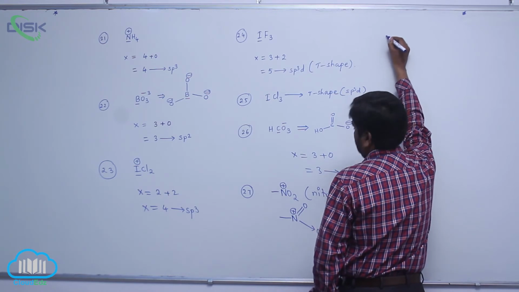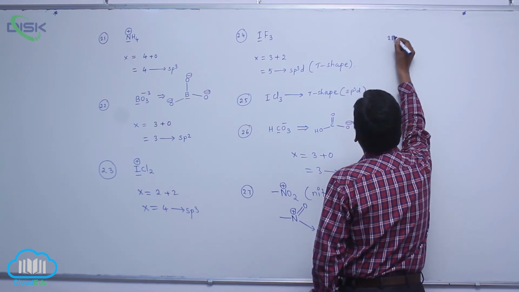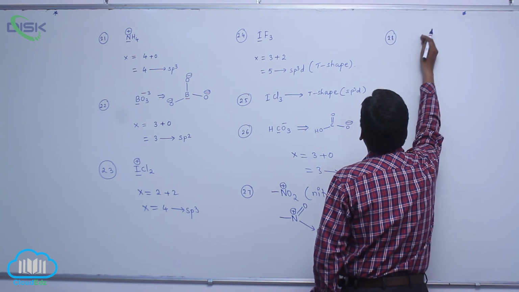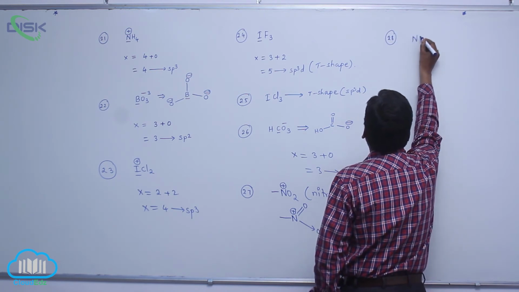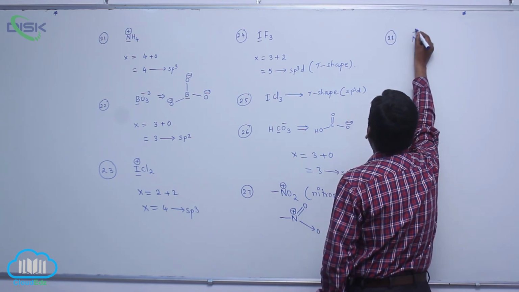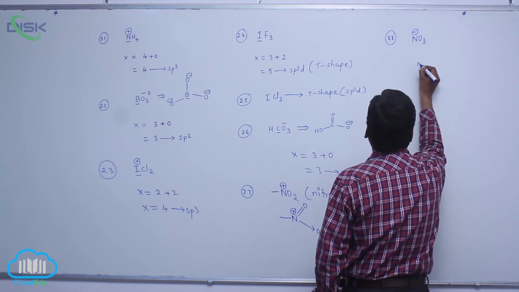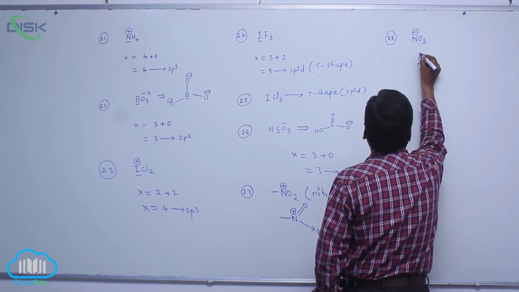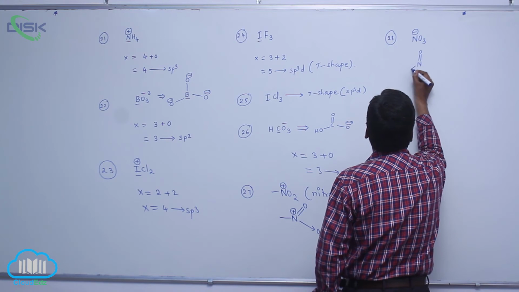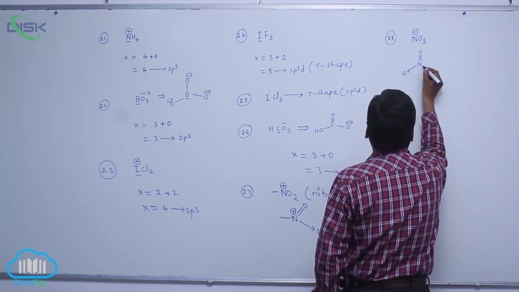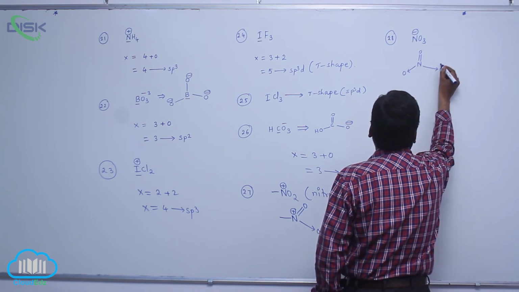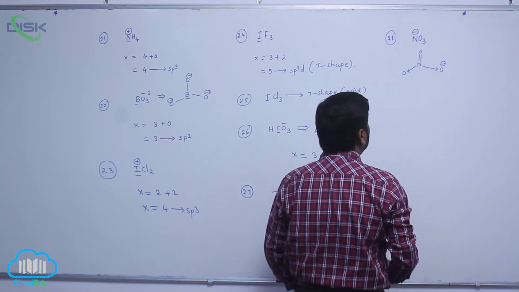Then 28, nitrate ion. This is N double bond O, coordinate covalent bond, then negative charge.